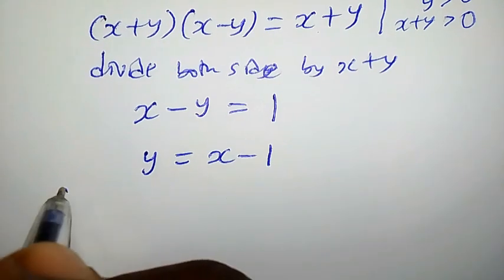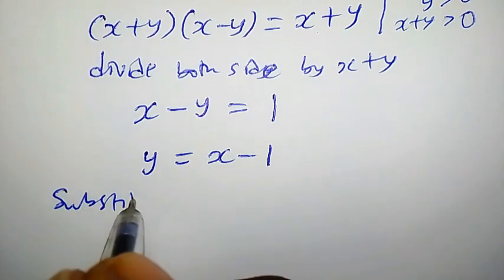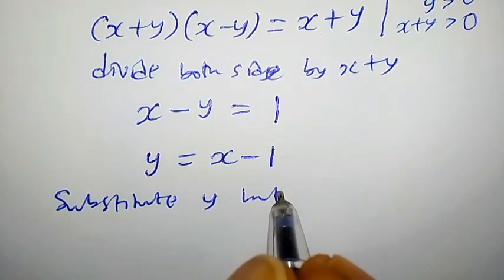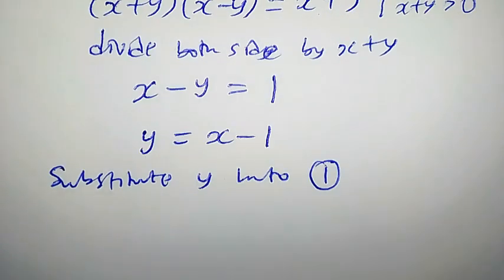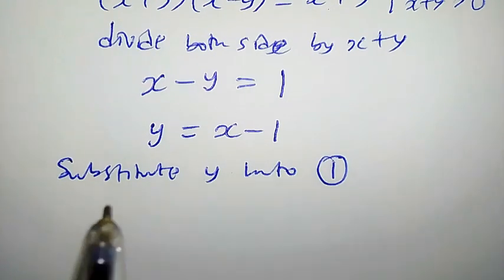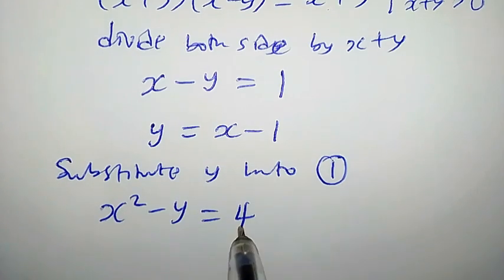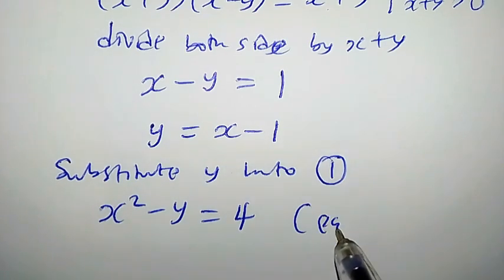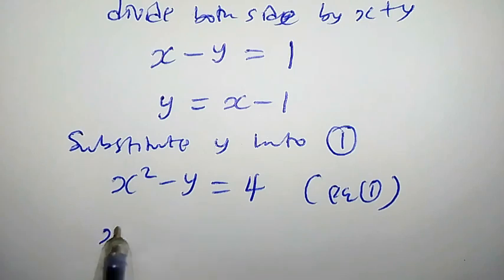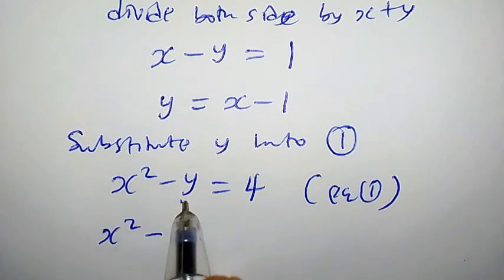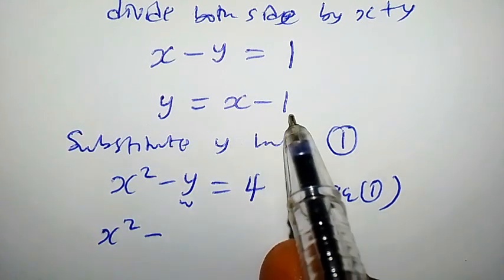Let's continue. Substitute y into equation 1. What is equation 1? Equation 1 is x squared minus y equal to 4. So x squared minus, what is y? y is x minus 1.